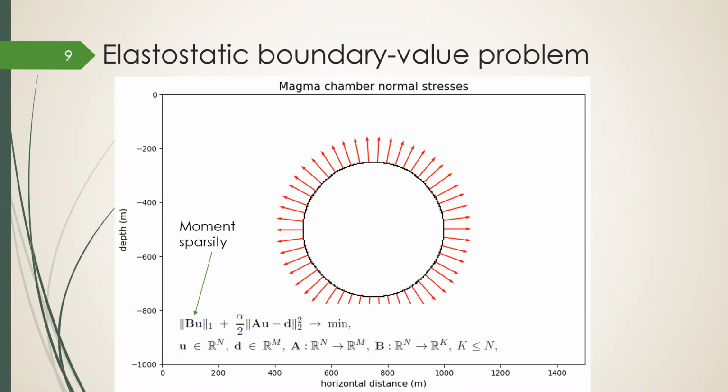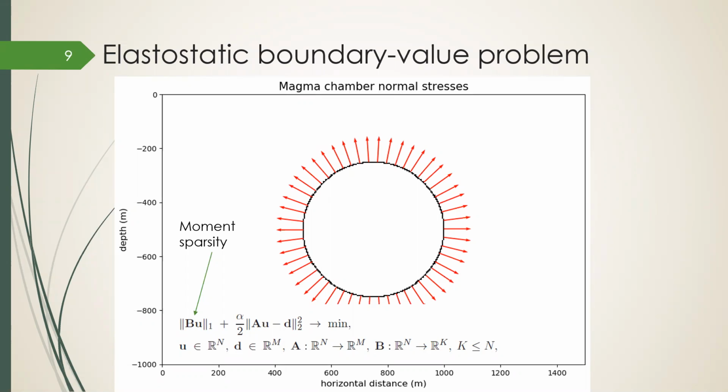It's a Laplace prior, basically, that tells us that B u, B being some operator and u being, for example, the moments distributed inside our domain, must be sparse. L1 means sparsity. In this particular case, in my experiments that I'll show you in a moment, B is the identity matrix.